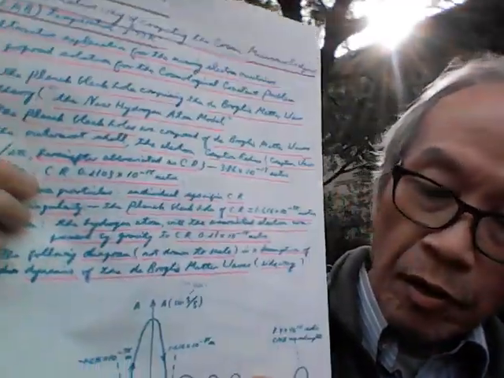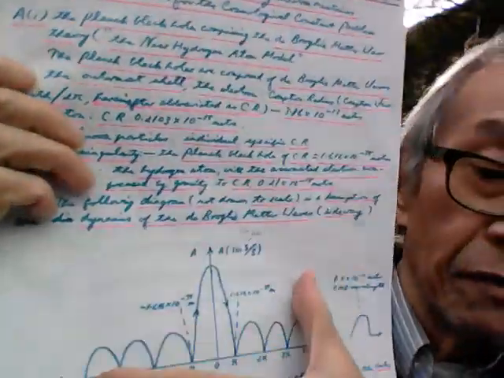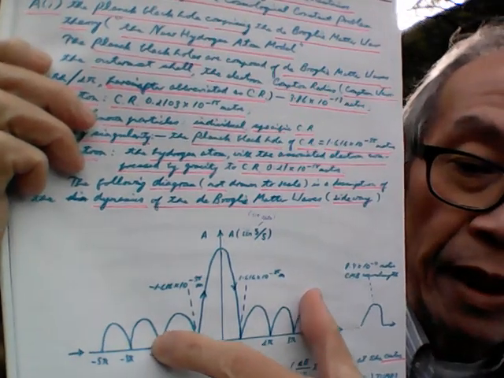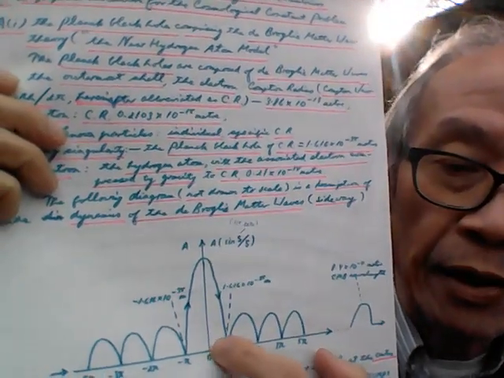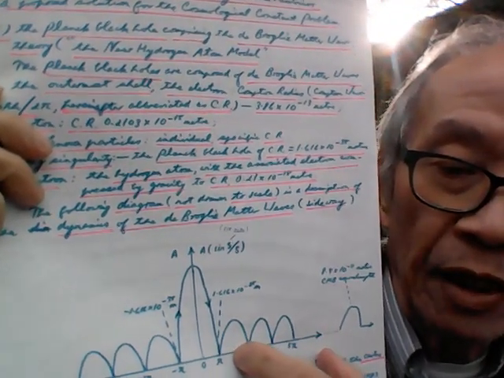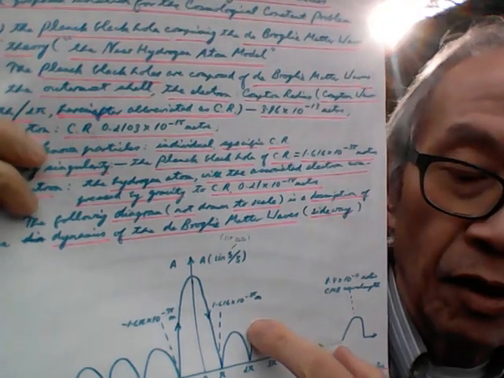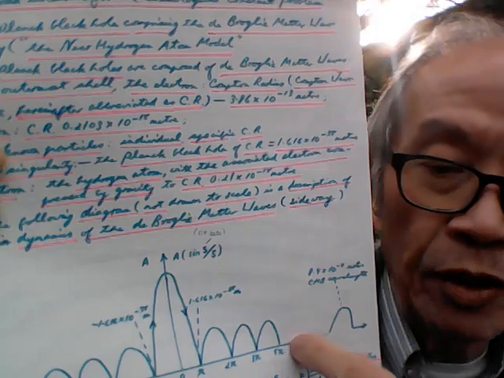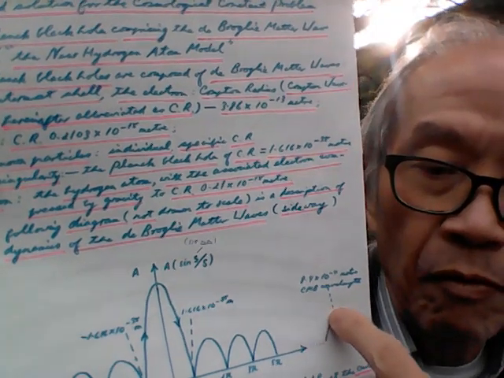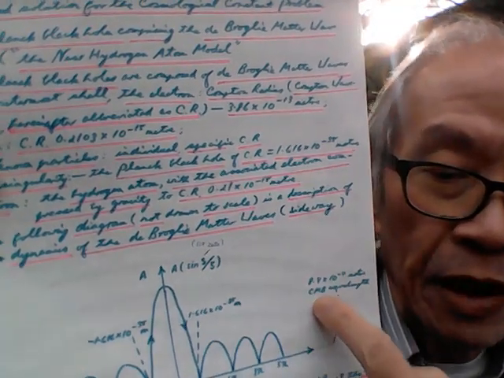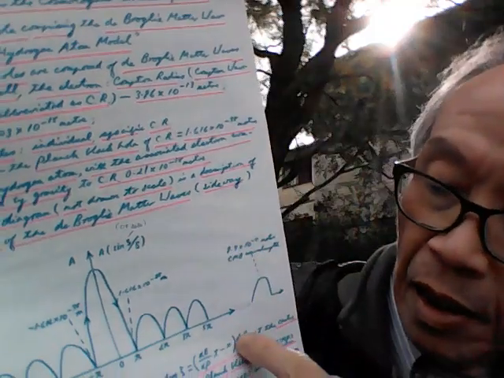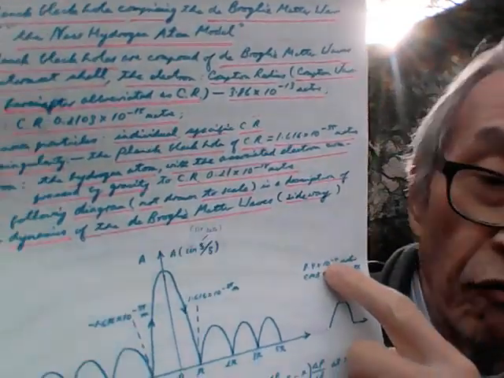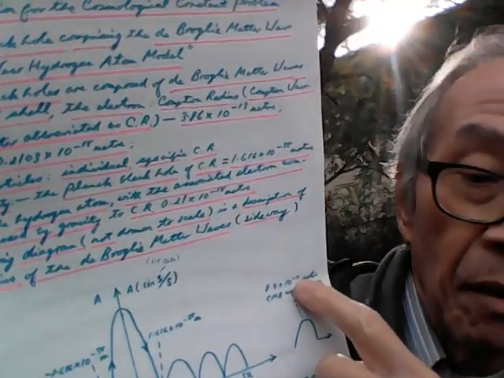As I show you here, the wave moves here, jumps across, and then it drops to a low amplitude, and then continues to move. What about when it comes to here? 8.4 times 10 to the power minus 4 meter.